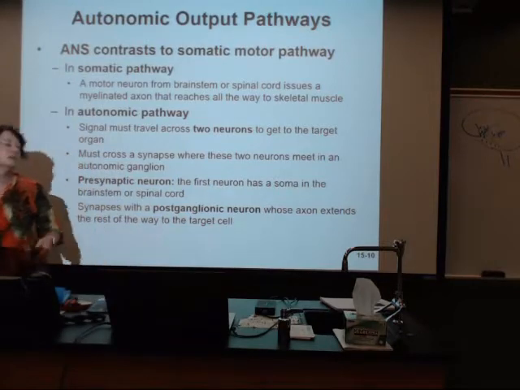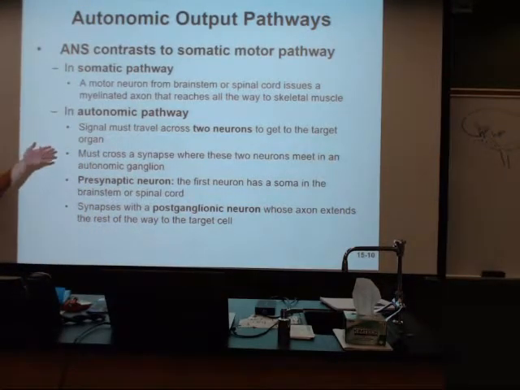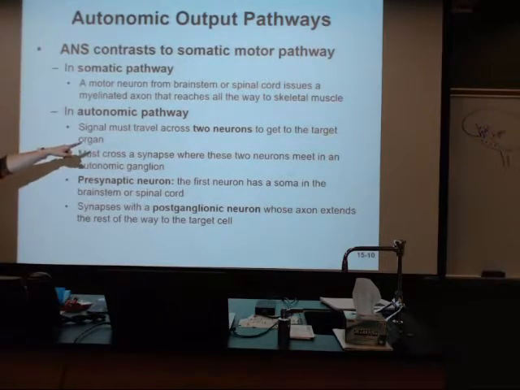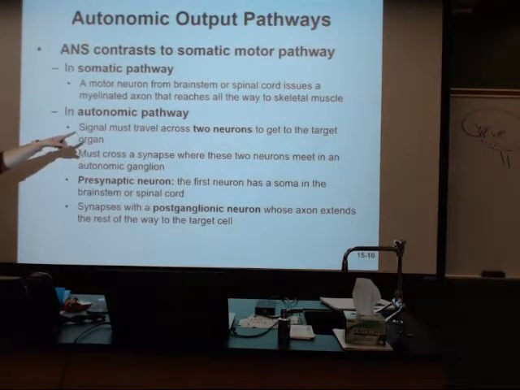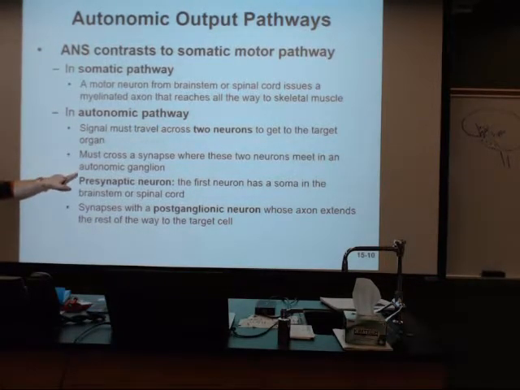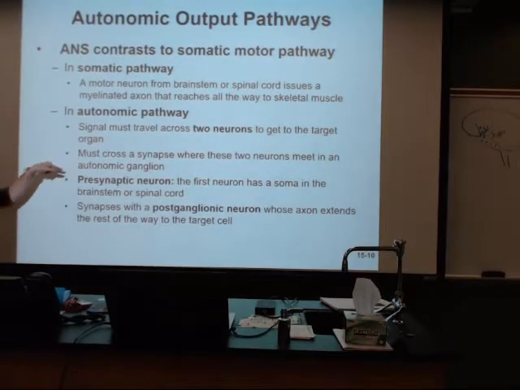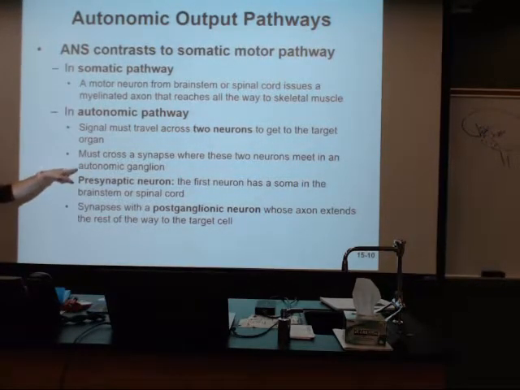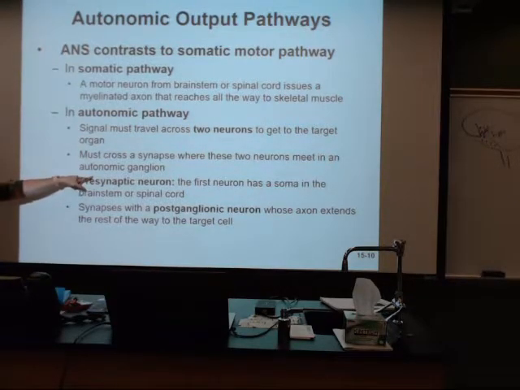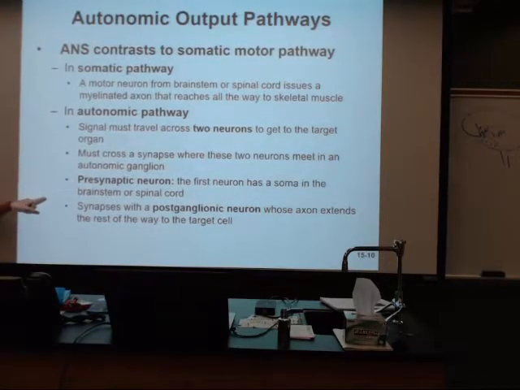Well, for the autonomic we're going to have two neurons involved. They're going to have to cross a synapse, and they're going to meet in that ganglion, which means the area of the nerve cell bodies.